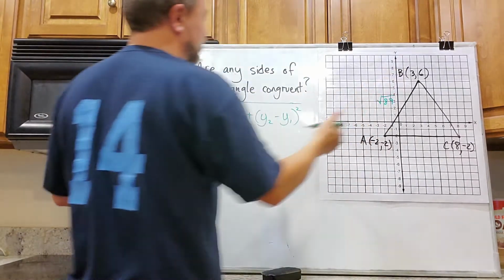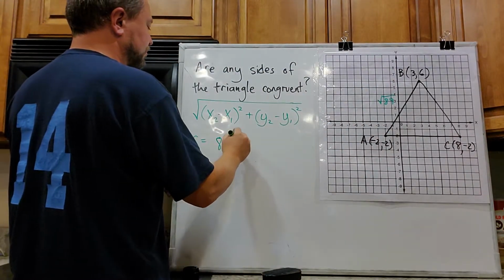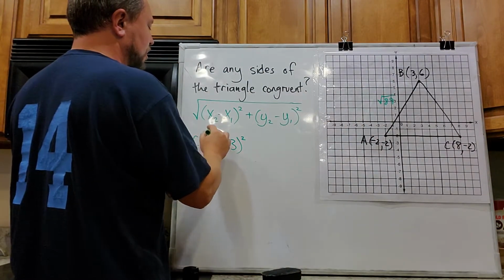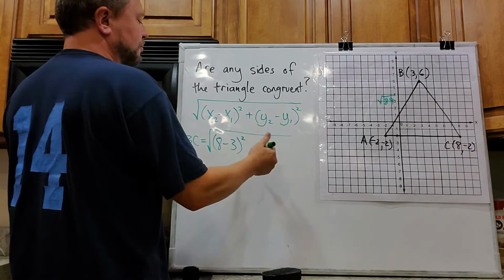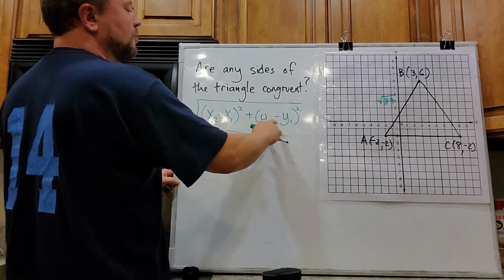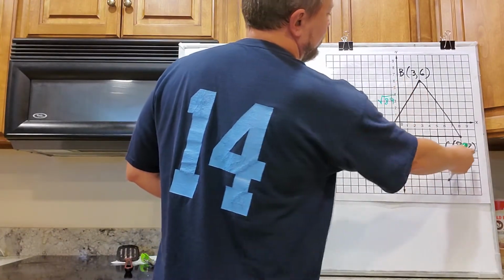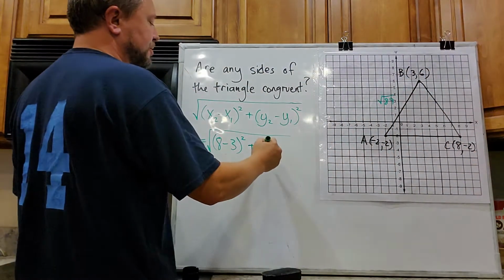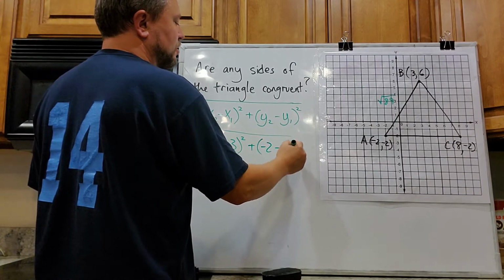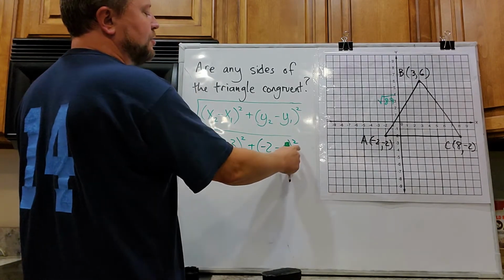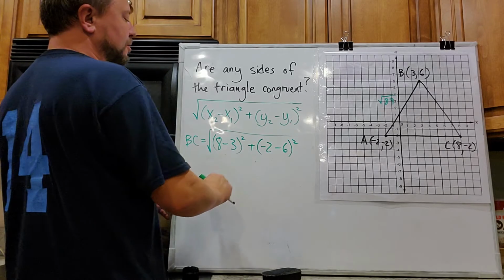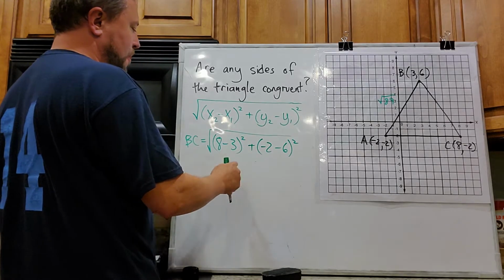So I'm going to go 8 minus the 3. Don't forget to square it. And do the same for the y values. I'm going to go negative 2 minus the 6 for my y values. Again, don't forget the little square outside of the parentheses.